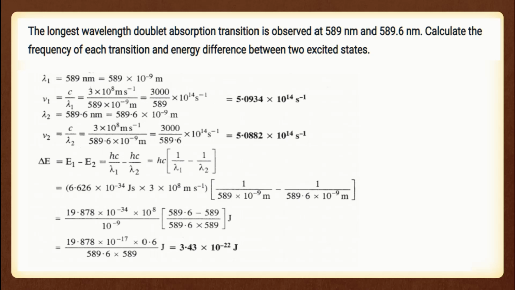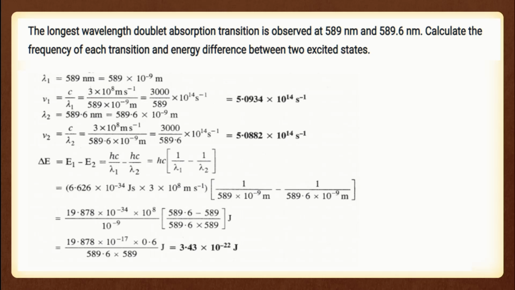Delta E = E1 - E2 = hc/lambda 1 - hc/lambda 2. This is equal to hc (1/lambda 1 - 1/lambda 2). This is equal to 6.626 × 10^-34 J s × 3 × 10^8 m/s × (1/(589 × 10^-9 m) - 1/(589.6 × 10^-9 m)).